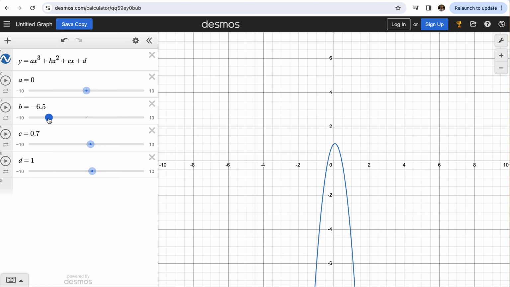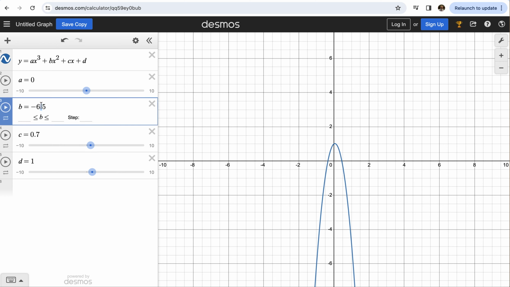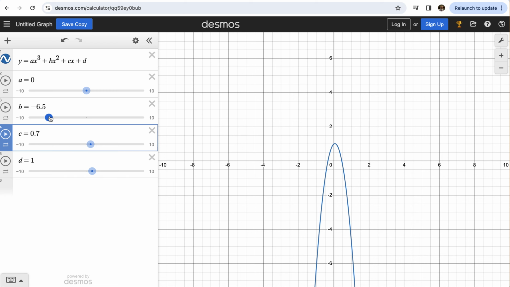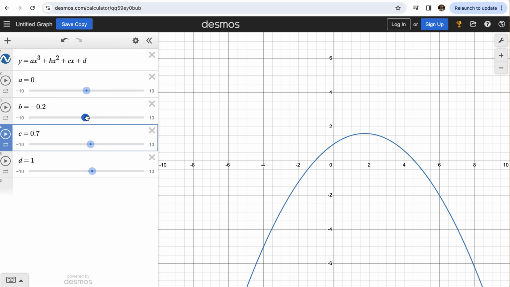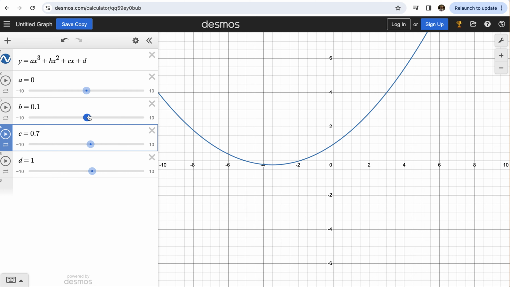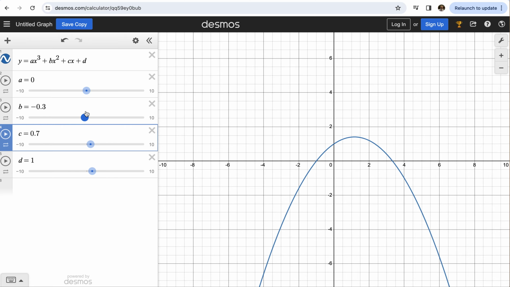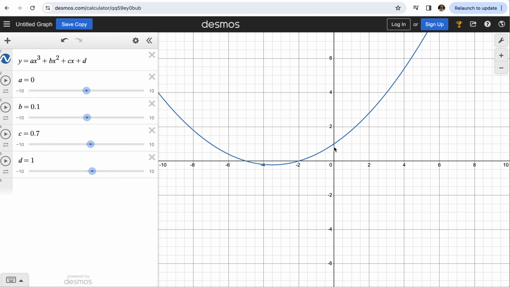Negative 6.5, a larger looking number but really smaller because it's negative, makes it pretty skinny going down, and as I get closer to 0, it gets wider and wider and flips over to the positive side. So that's controlling the behavior of this graph after you get away from the y-intercept and the slope that's controlled by C.